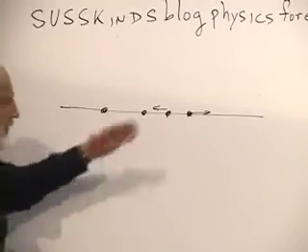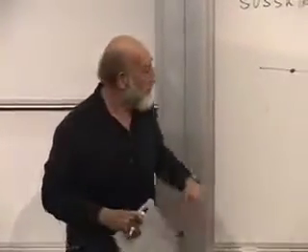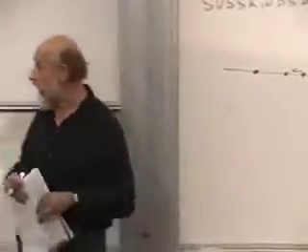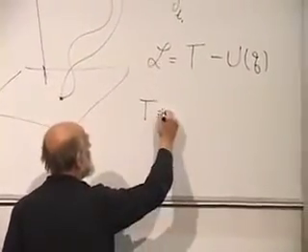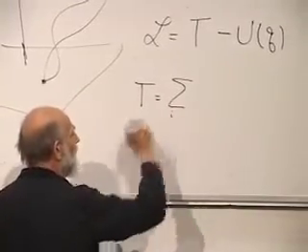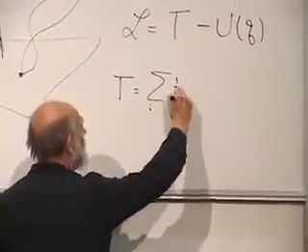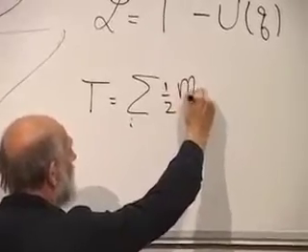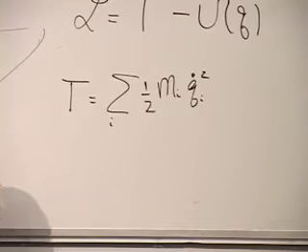Their velocities would be the Q dots, and their kinetic energy would be 1/2 the mass of the ith particle times the square of its velocity. So we would write that T is equal to a sum over I, particles labeled according to I, of 1/2 the mass of the ith particle times Q sub I dot squared.